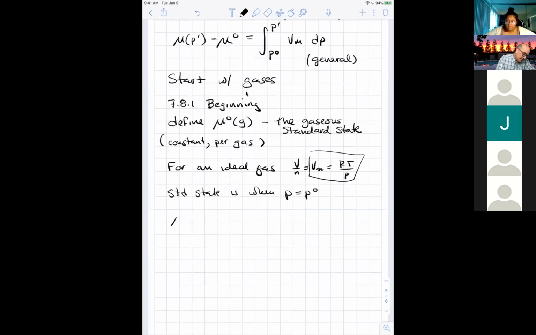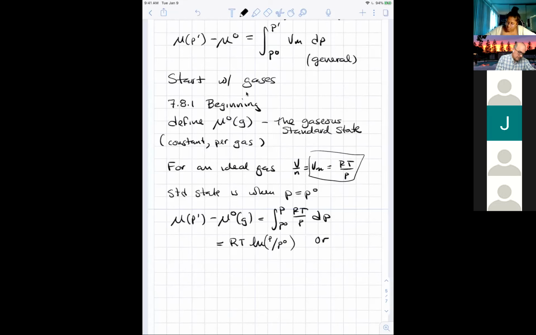So what we have, using the above equation right at the top of this page, is the chemical potential at some pressure minus the chemical potential at the gaseous standard state, equals the integral from P0 to P of RT over P dP, right? This is fairly easy, right? RT log of P over P0.